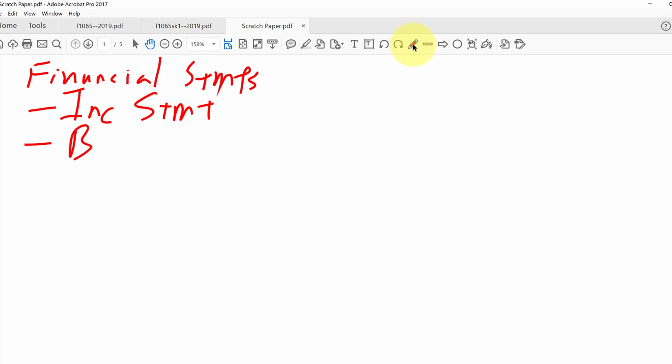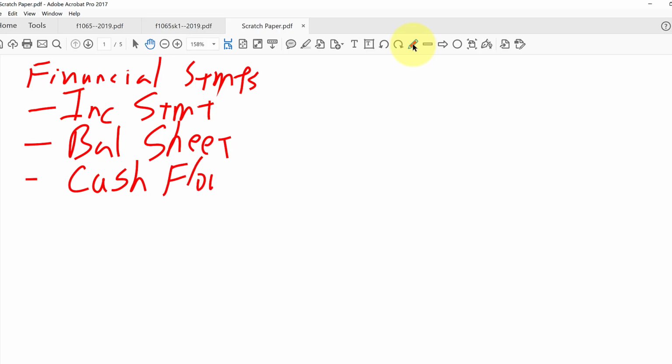And then we also have the assets, liabilities, and equity showing up on a company's balance sheet. Then, where the money is coming from and where it is going to, a statement of cash flow, and some type of analysis of the company's equity, stockholders' equity, or maybe the company's retained earnings.